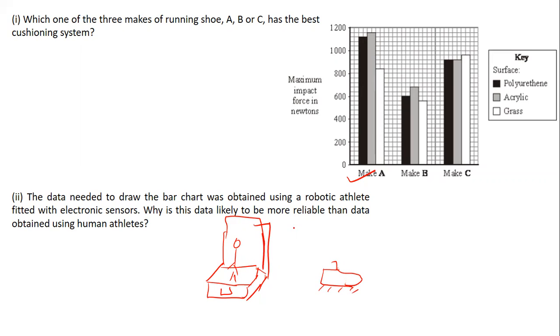Correspondingly, the data is likely to change. But if the same thing is given to a robot, the impression it gives you depends only on the mass of the robot, not anything else. Because the robot doesn't know how to increase its weight or how to put more force on it. So therefore, the data that you get from here is more reliable than the one which human athletes can give.